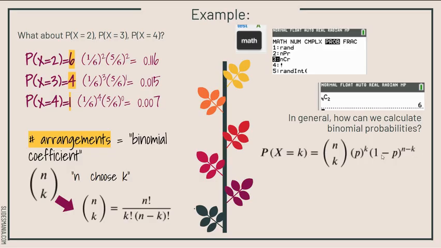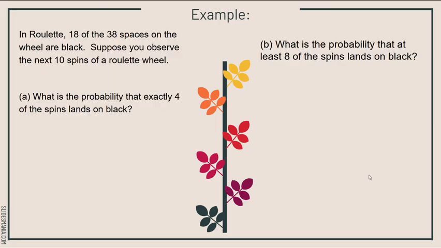And then 1 minus P, which is the not P, to the N minus K. So that is the formula we will use. Oh, and by the way, that formula is on our chart, so you don't have to memorize that.